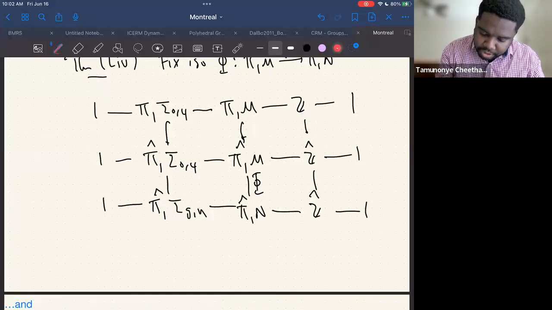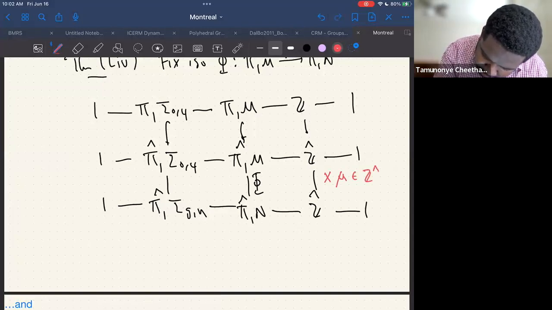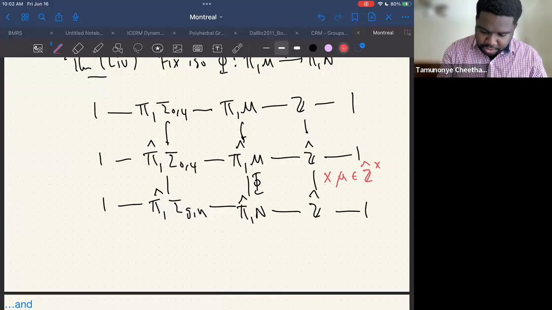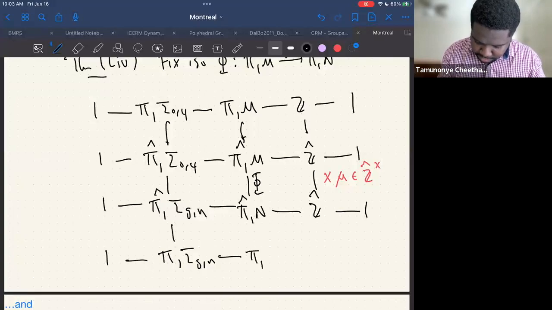And last of all, but not the least, on this side, what Liu proves is that when you do a multiplication by a profinite unit, say a times mu in z hat star, when you change your profinite monodromy by multiplication by mu, you're going to get a discrete fibration over here, 1 to pi1 n to z to 1.